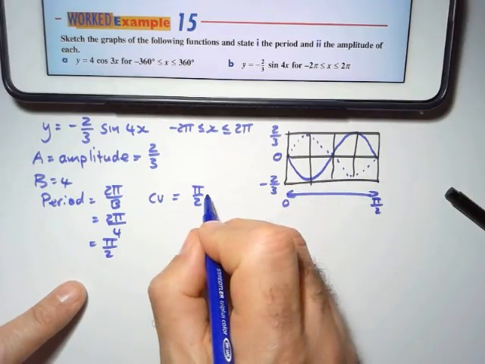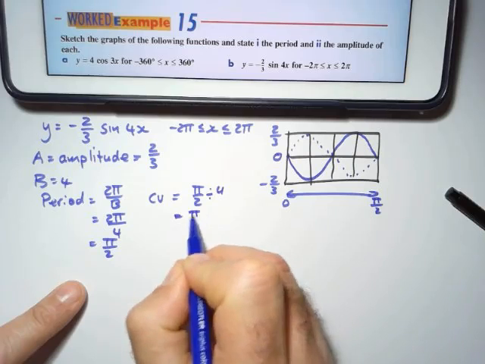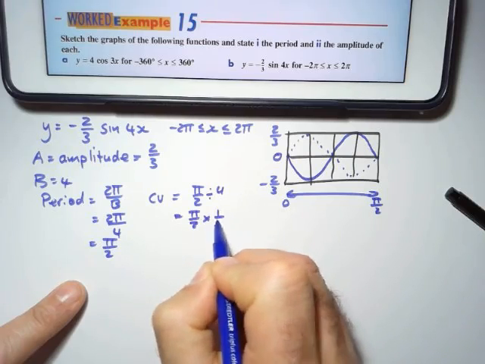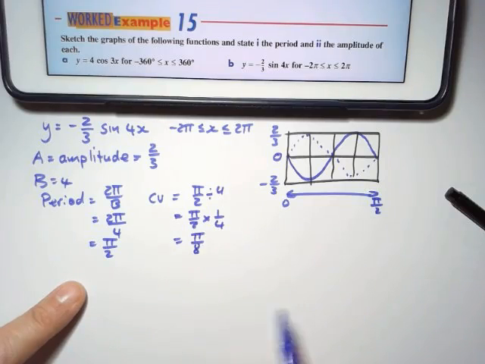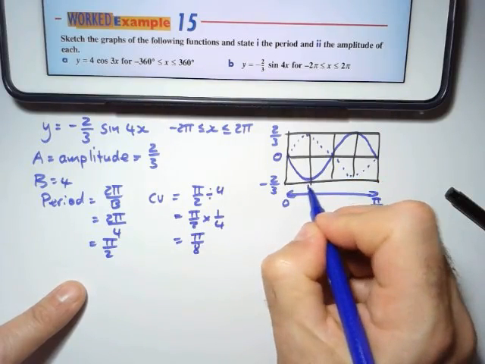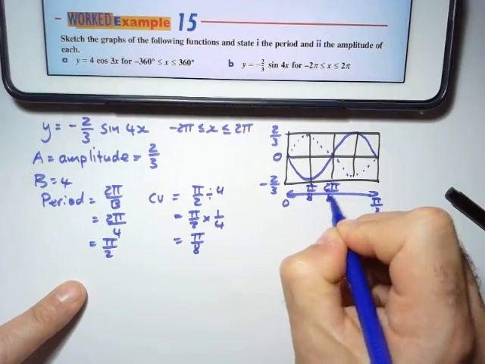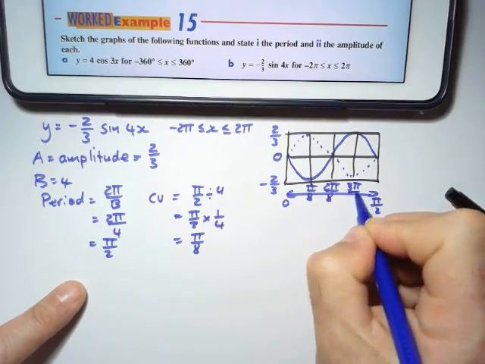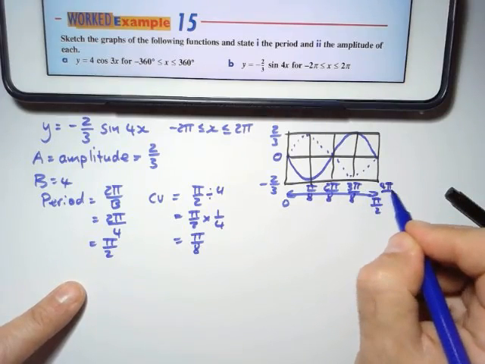So pi over 2, if I divide by 4, it's the same as multiplying by 1 over 4, the reciprocal, which gives us pi over 8. Which means this is 0, this is 1 pi over 8, 2 pi over 8, 3 pi over 8, and then this pi over 2 will be 4 pi over 8.